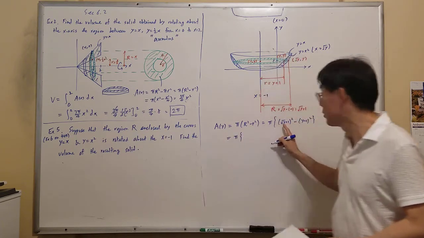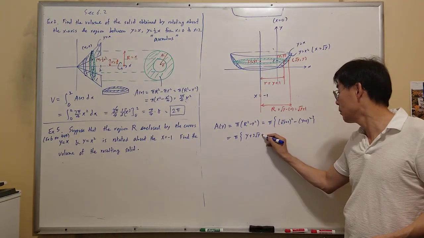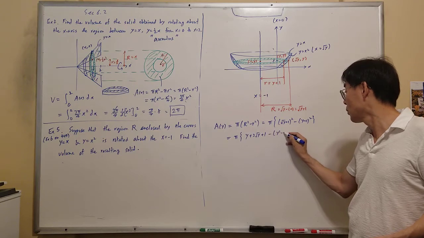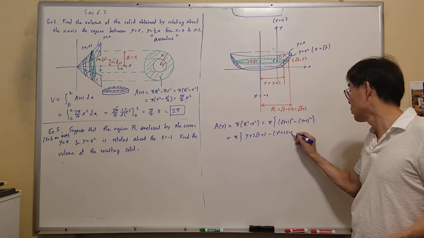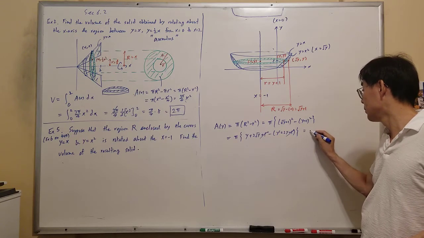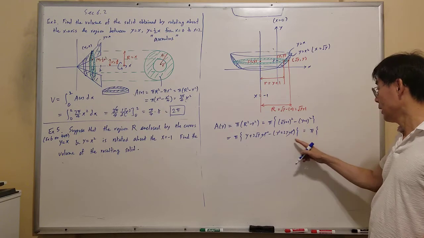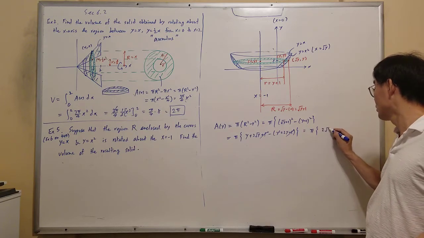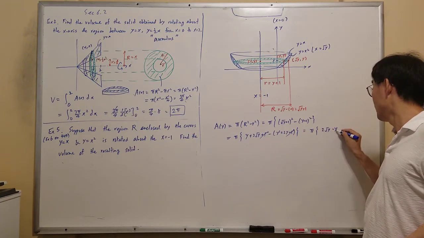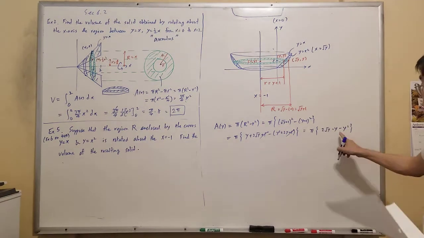So what do you have? Square root of y squared is y, plus 2 square root of y, plus 1, minus y squared plus 2y plus 1. The 1 cancels 1 minus 1. y minus 2y is -y. So 2 square root of y, minus y, minus y squared. You'll just have to integrate this.